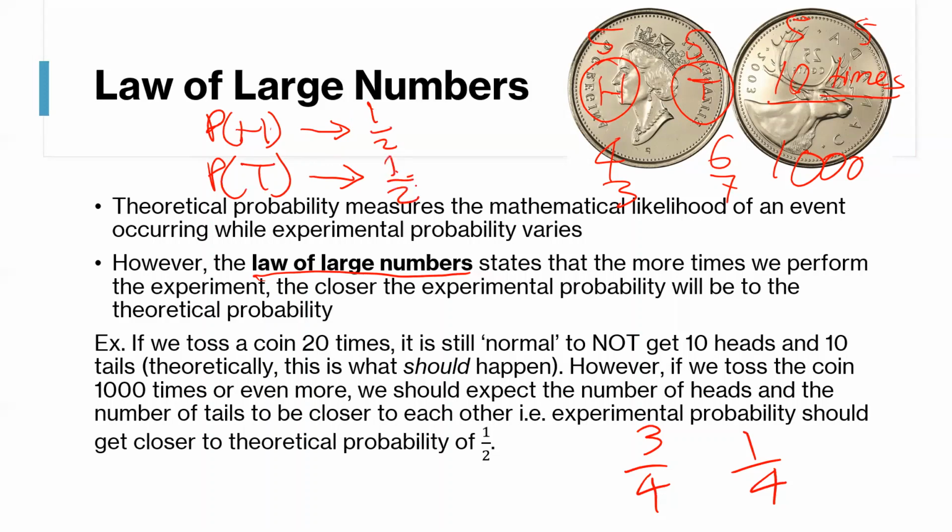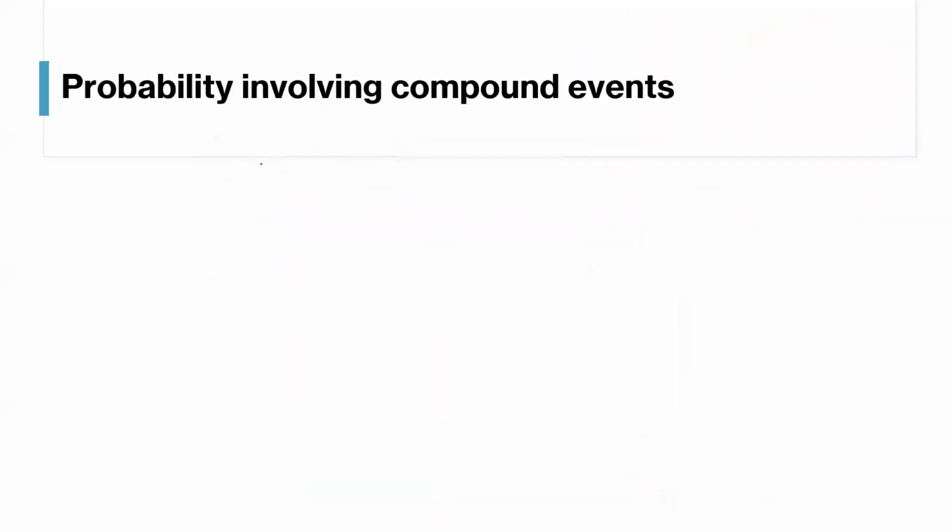So eventually, the experimental probability should match up with the theoretical probability. They should get closer and closer to each other the more times you do it. And that just kind of makes sense. The more times you do something, the more true it is to what mathematically should happen.